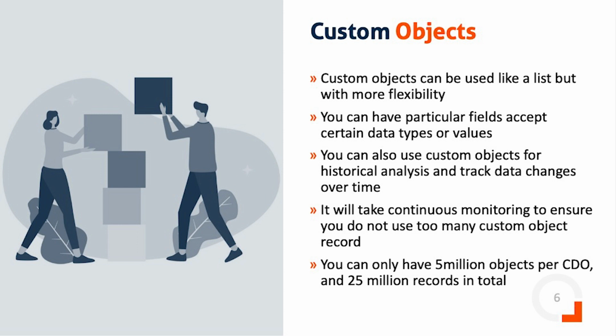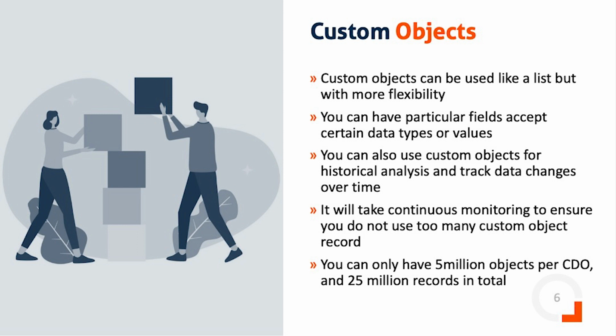I guess my one word of caution there is, be conscious of the limits in Eloqua, especially when it comes to custom objects. Per custom object, you cannot have more than 5 million records, and you can't have more than 25 million overall. I know that those sound like big numbers, but when you get into historic tracking especially, and if you have a program that's running all the time, and maybe on your whole database, that can fill up really quickly.